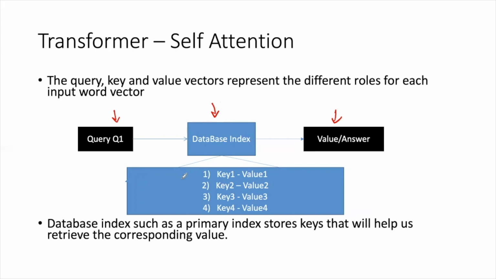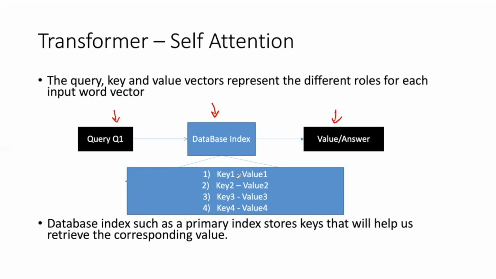If you look closer, a database index such as a primary index typically contains keys and values. Given that the user has posed this query, we try to see which key is relevant to this query. Once we find the relevant key, we retrieve the corresponding value against that key. That's how a database system typically works.